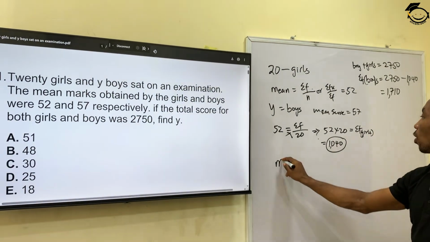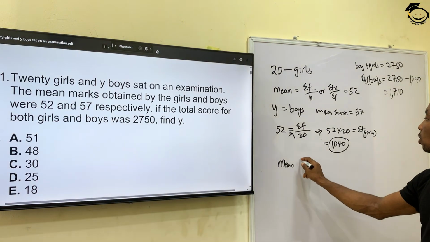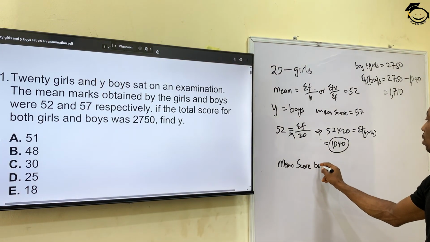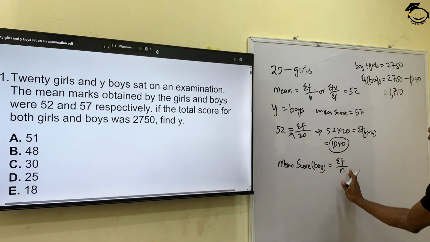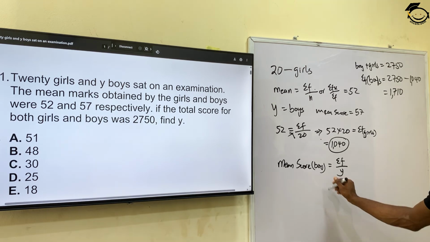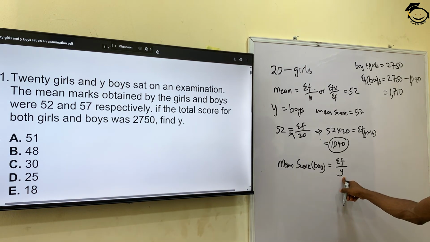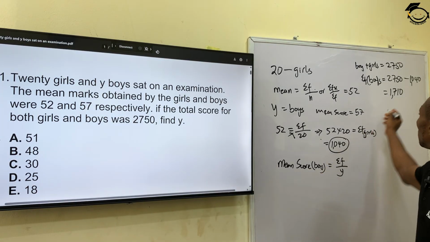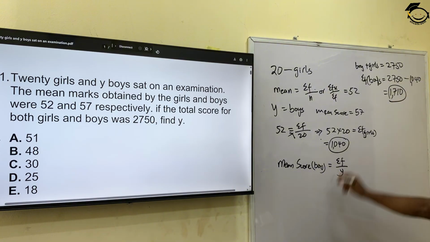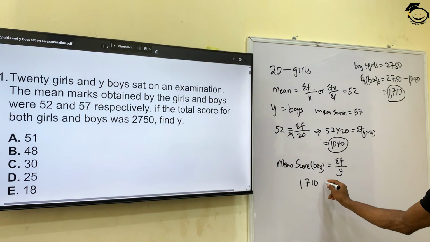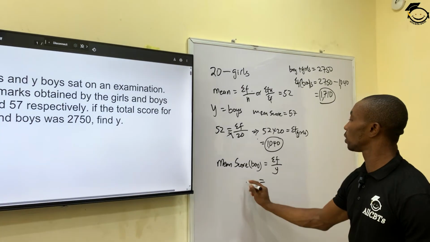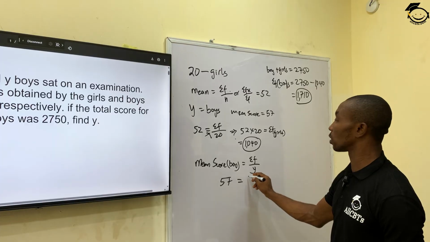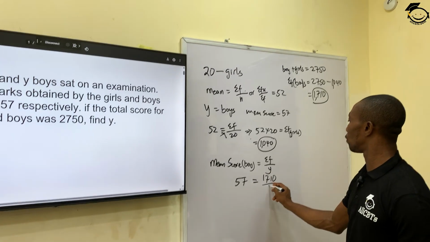Now this is the total frequency for the boys, and we're told that their mean score is 57. So mean score for boys equals their Σf over N. In this case, the number of boys will be y, since it's what we are asked to find. So 57 equals 1,710 all over y.